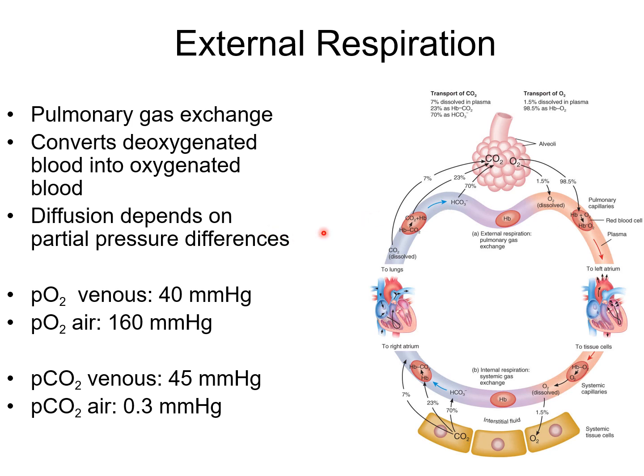I skipped the previous slide for now because let's take a look at the numbers first here. Our topic is external respiration on this slide, so we are focusing on this portion. Here you see a cluster of alveoli and the blood coming to this alveolus. In the venous blood, we have an oxygen concentration of 40 millimeters of mercury.